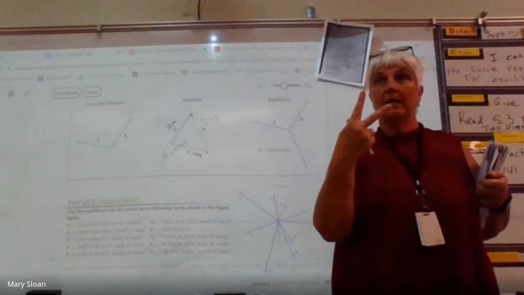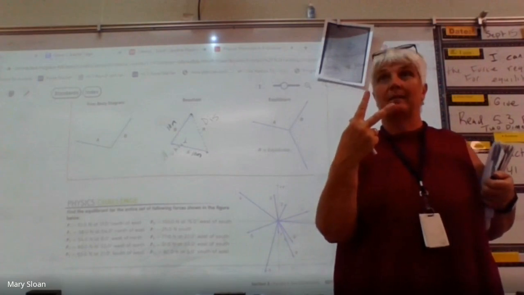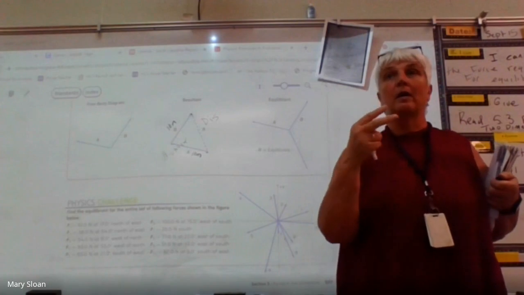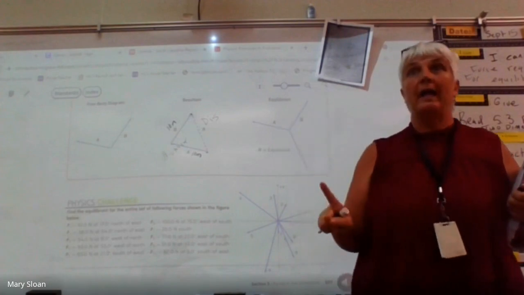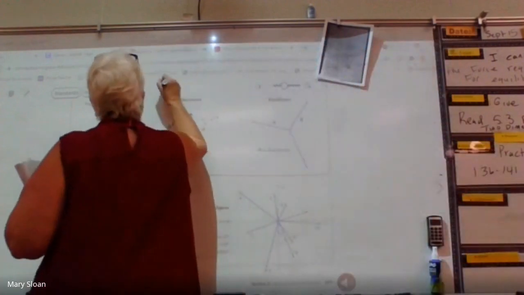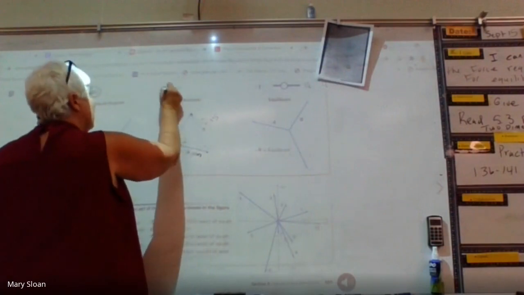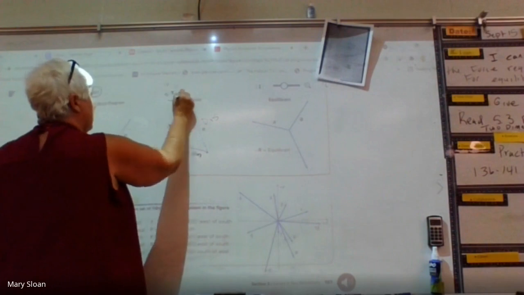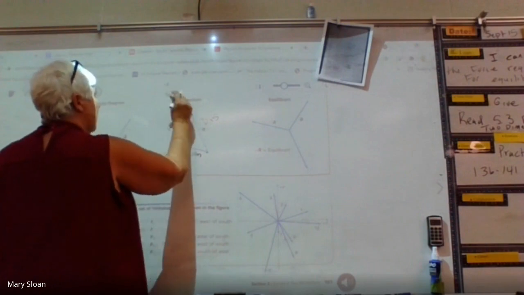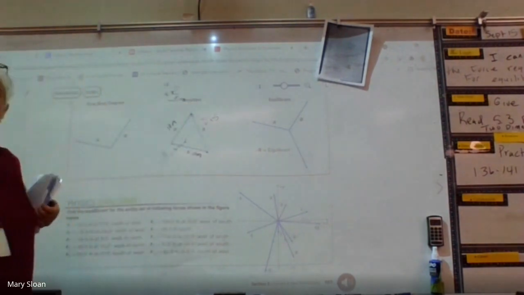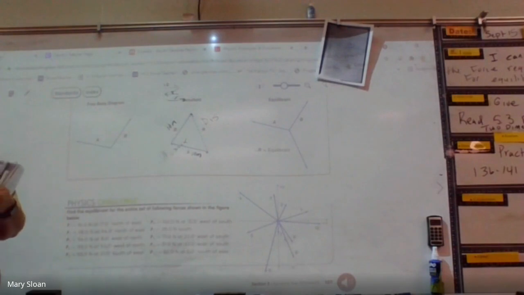Okay, total distance and displacement. Remember how we did that before, is we were drawing our little, remember? We said, all right, if somebody walked 10 meters this way, they came back and they walked 5 meters this way, and they marked another 5 meters that way. What was the total distance? 20. What was the displacement?